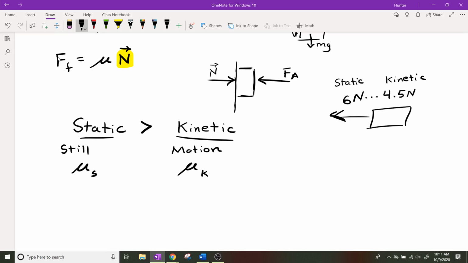An Atwood machine can have friction to it. All of these things can have friction added to it, and it ends up slowing it down. And we're going to actually have to take it into effect whenever we think about the objects themselves. If we don't have the coefficient of friction, then we're going to have to find the coefficient of friction. They would have to give us everything else except for the coefficient of friction.